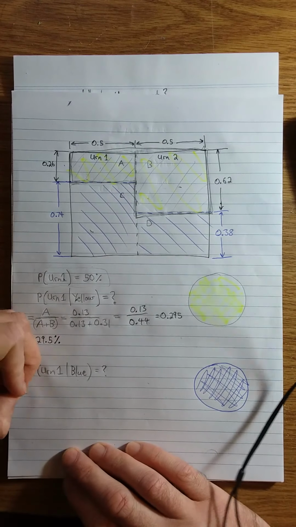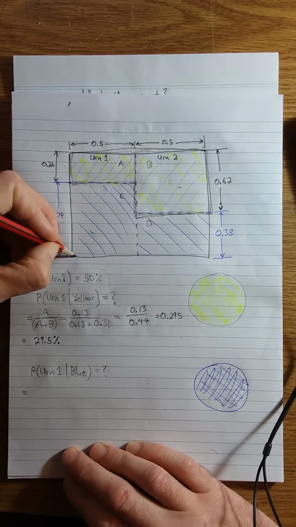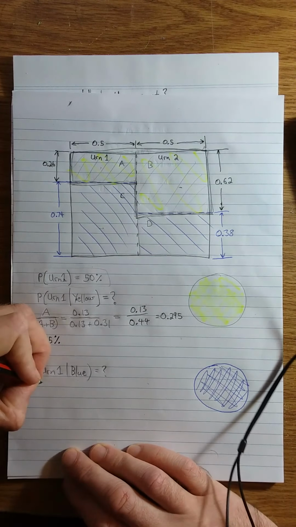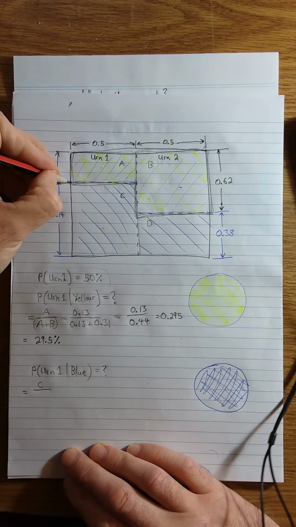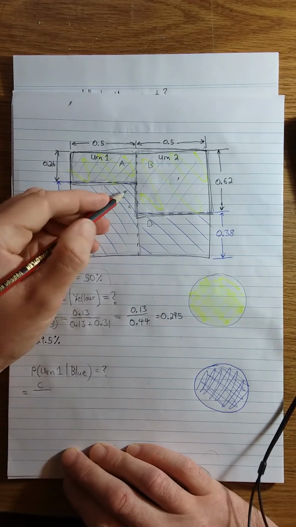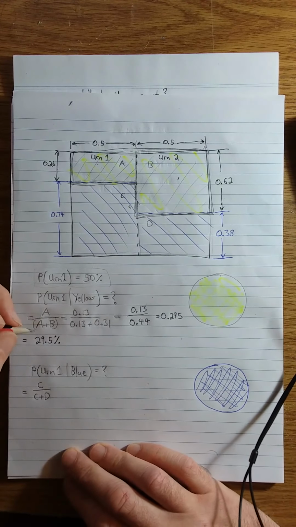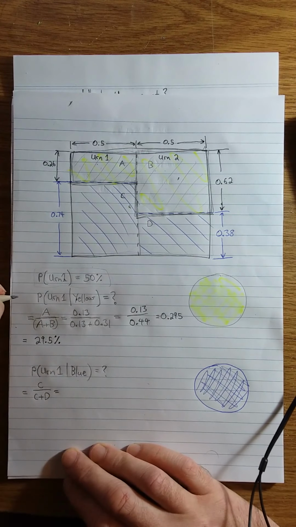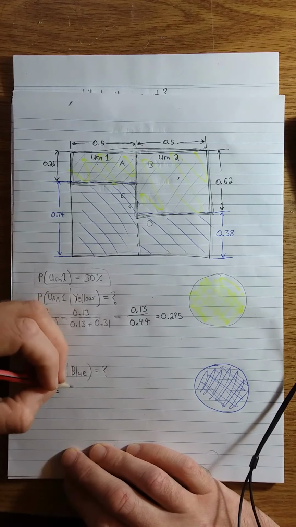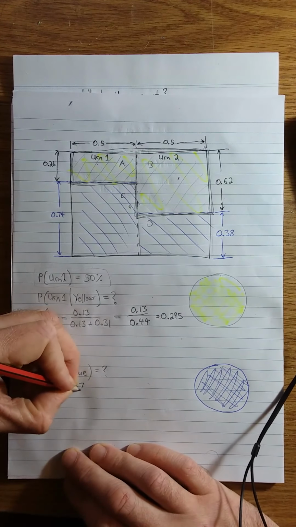Well, we're interested in this area. What is the probability that we ended up here? So that is C over the universe, the possible universe that we could be in, which is C plus D. So we have 0.5 times 0.74, which is 0.37.